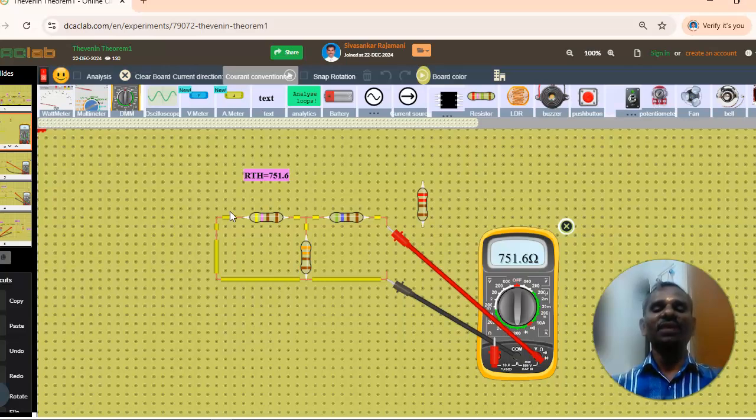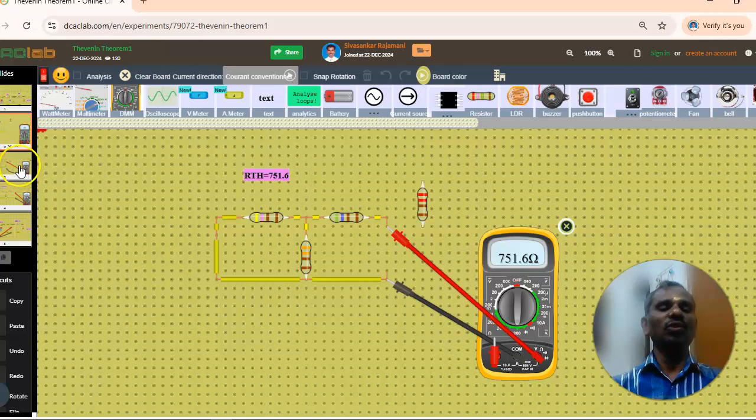So we have this resistance RTH, which is equal to 751.6 ohms, whereas our theoretical RTH value is 753.8. Here we can see that it is 2.2 ohms lesser, which may be because of the tolerance value.